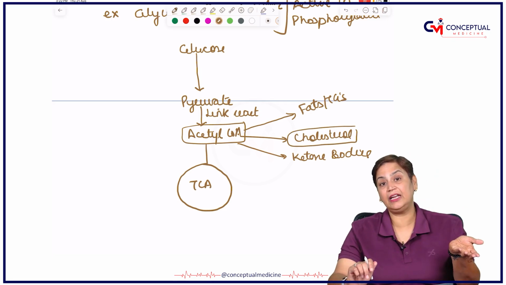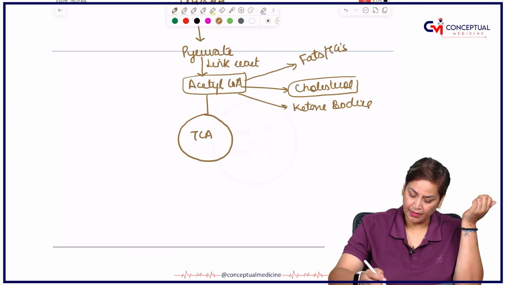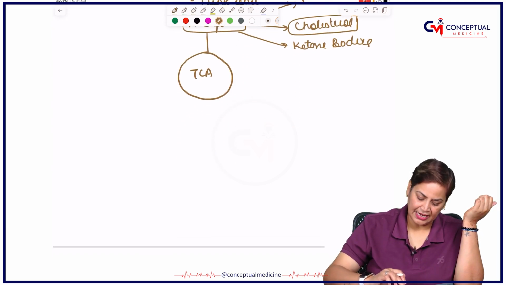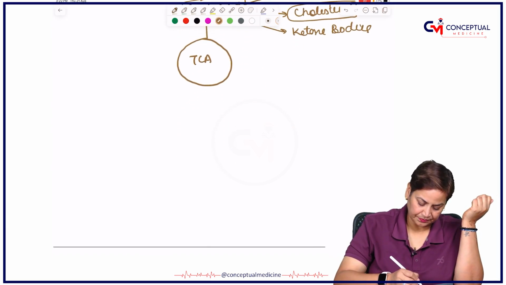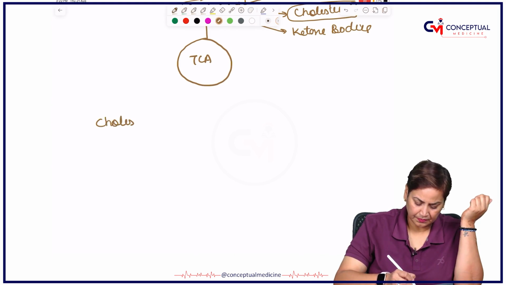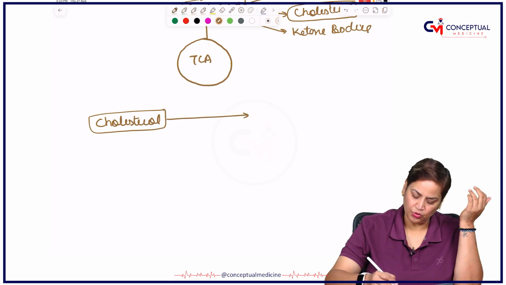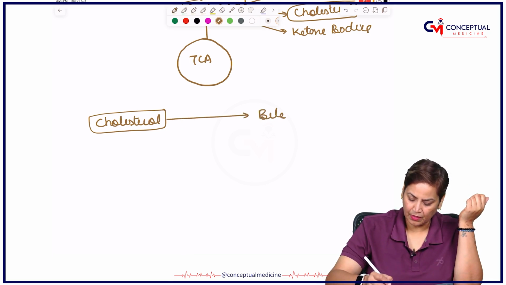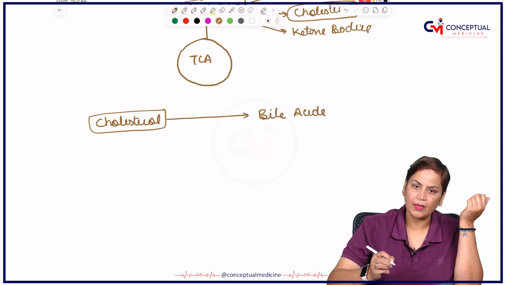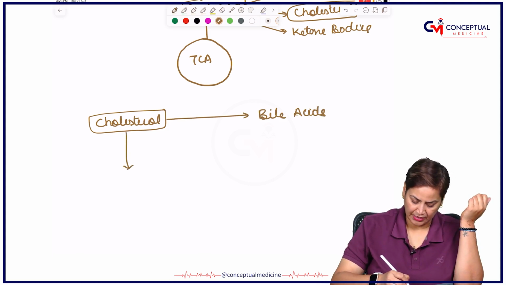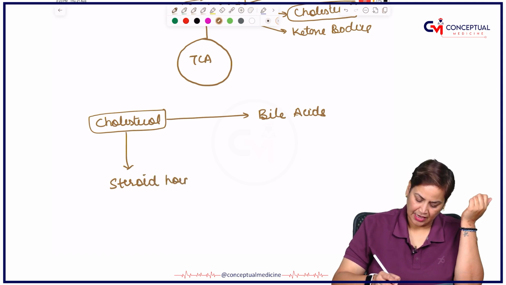This will be converted into bile acids. So I can simply say that this cholesterol will be converted first of all to bile acids and to the steroid hormones, sex hormones.